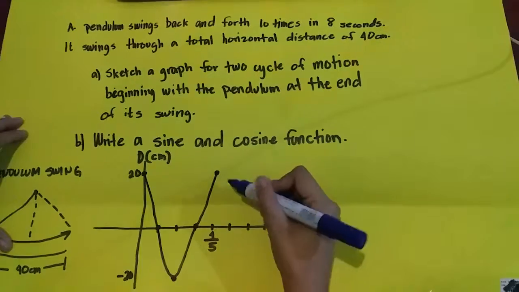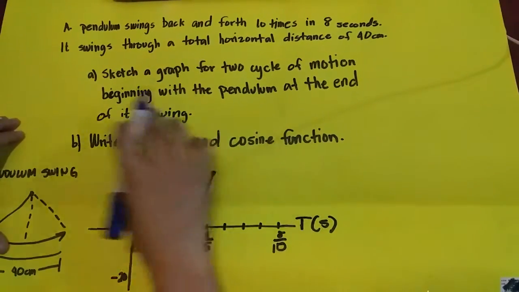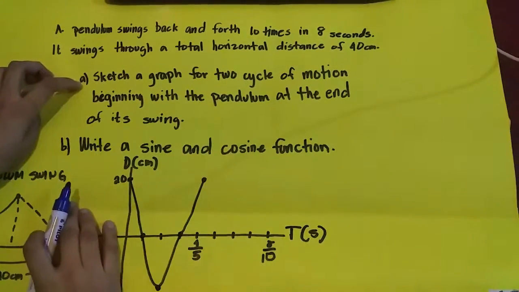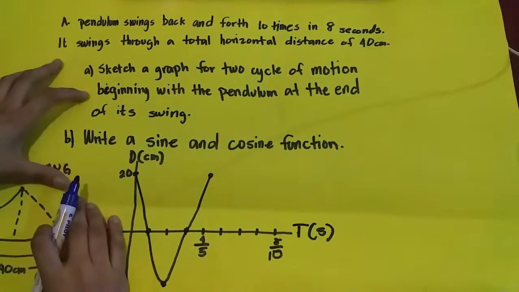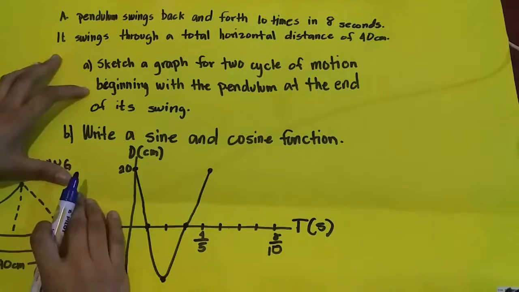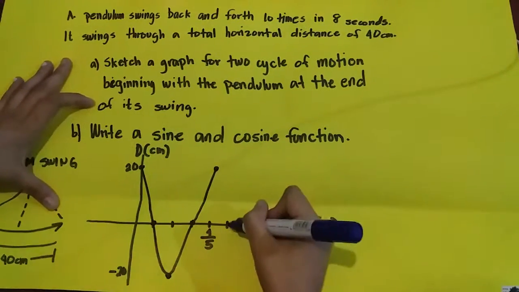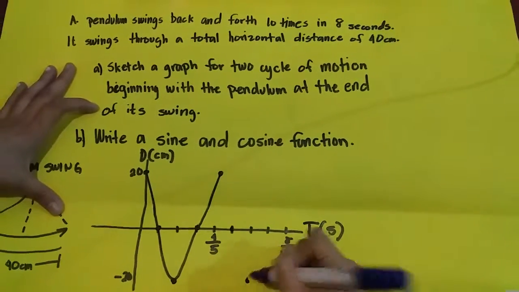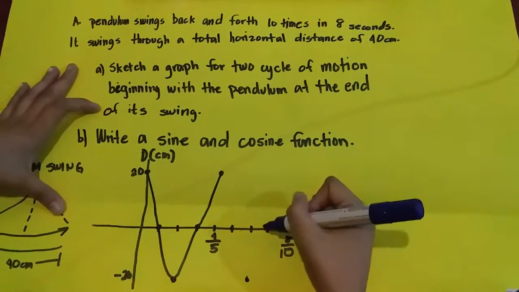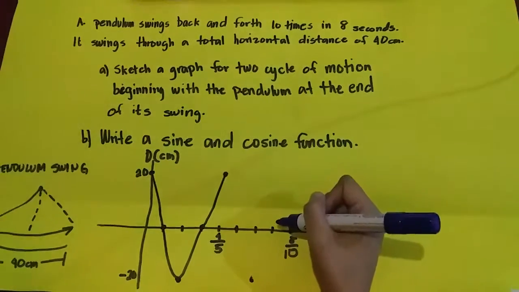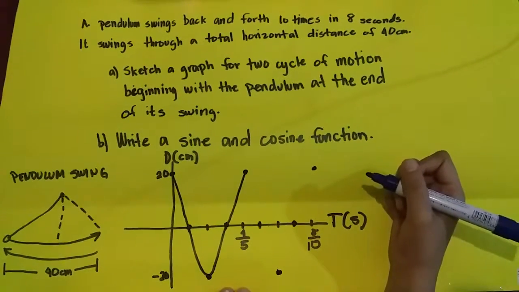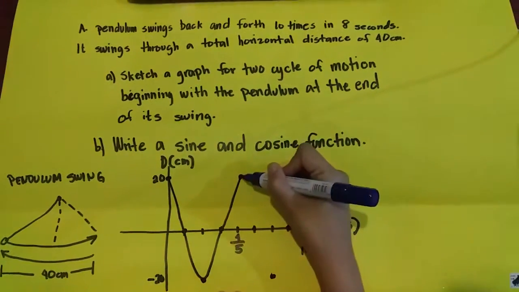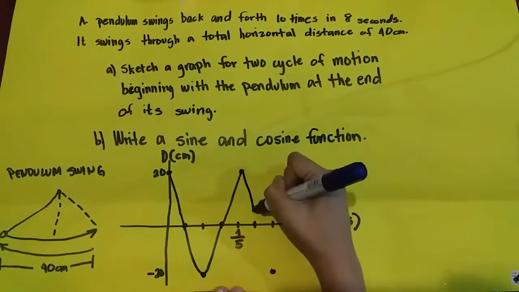I will do this twice because we need 2 cycles of motion beginning with the pendulum at the end of its swing. So another point here. For our other cycle, we go here.